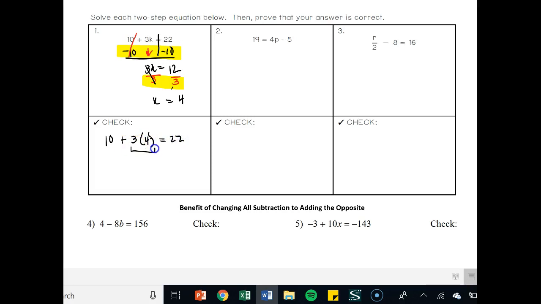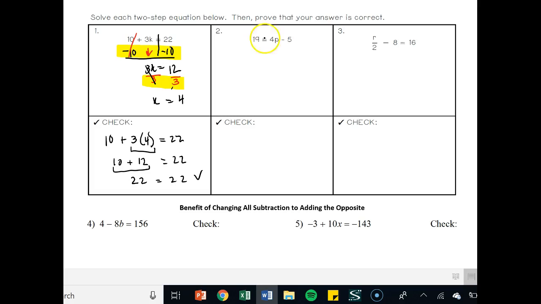So order of operations, you do the multiplication first. That's 12 plus 10 is equal to 22. And then 10 plus 12 is 22, which is equal to 22. So you'll notice the check is a little bit longer on these two-step equations than it was in one-step equations.